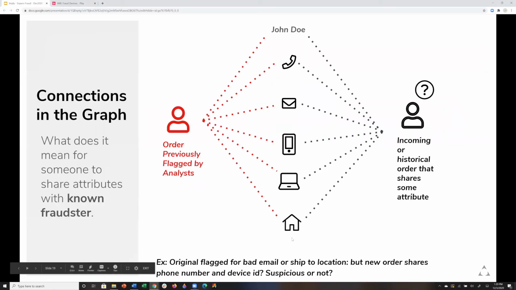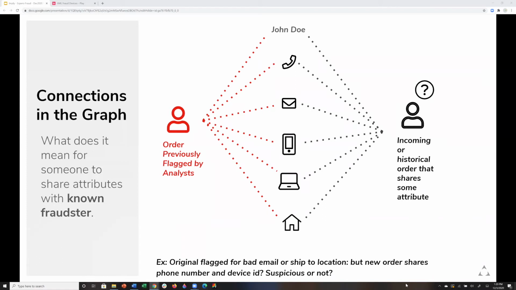take for instance, if you've got a new transaction that's coming in, you've already identified historically suspicious transactions or suspicious people or suspicious orders. And I can come in and at the time that it comes into my system, I can compare it to see if this new incoming order or new incoming transaction has any shared features with something that I already know, right?